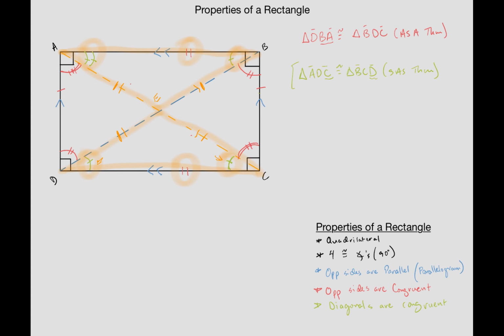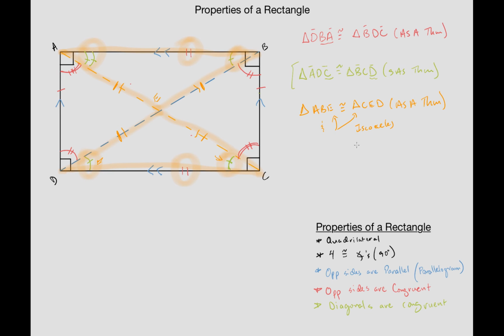One, we know that AB, and let's call this E here, that triangle ABE must be congruent to triangle CED. Again, that was because of side, angle, side. And we know that both of these are isosceles.